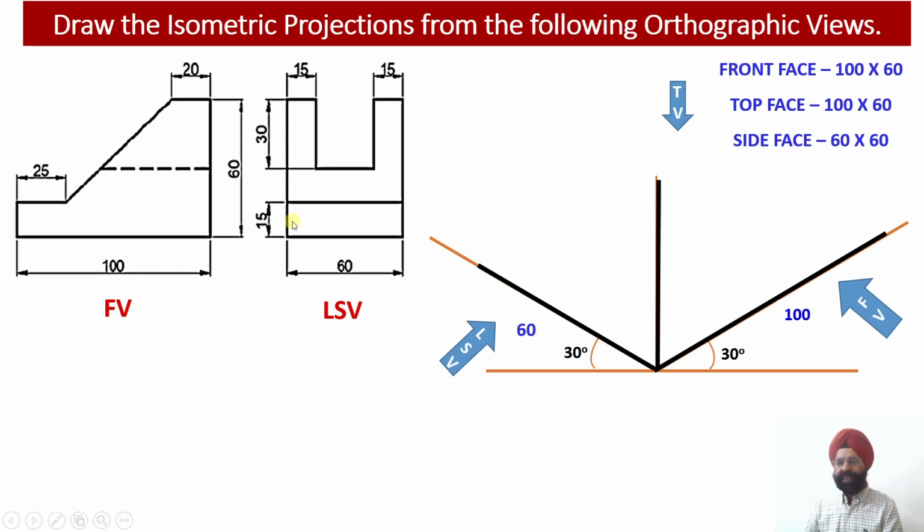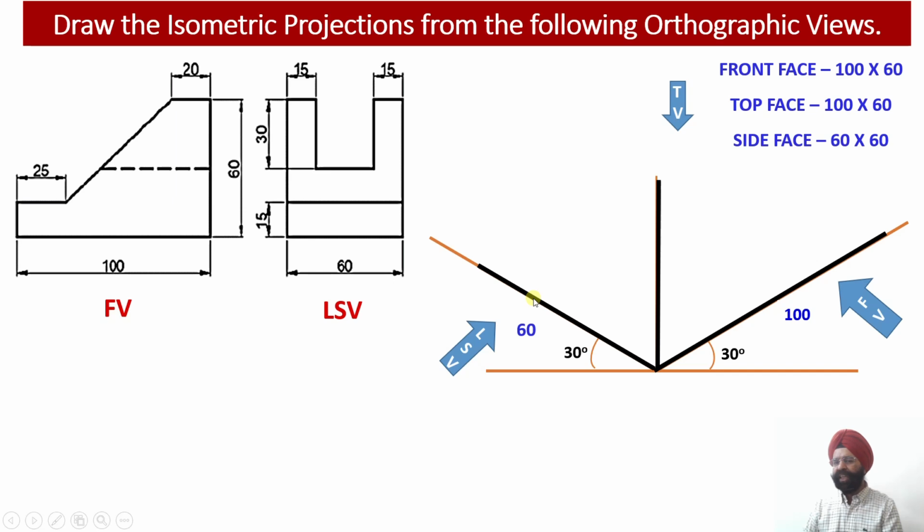Then for the top face, we construct an isometric edge over here parallel to the z-axis, and another isometric line parallel to the x-axis. So in the xz plane we get the bottom face of the solid, and similarly the top face will be constructed through this height of the solid, which is equal to 60 millimeter.